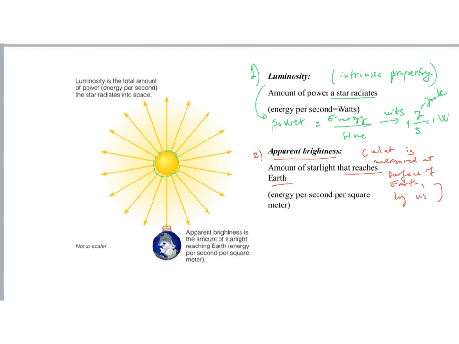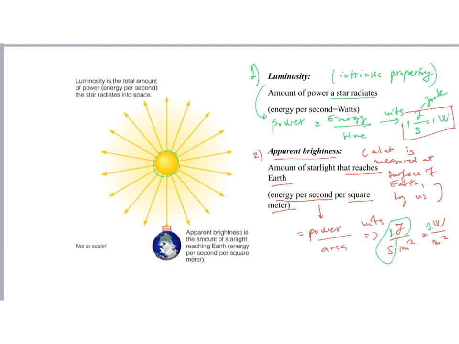Okay, so that is going to be not just the energy per second, so that is power again, but power per area, per square meter, right? So the units are going to be joules per second per meter squared, or watts per meter squared. Remember that? 1 joule per second is 1 watt. Okay, so as you can see, these are different things, right?